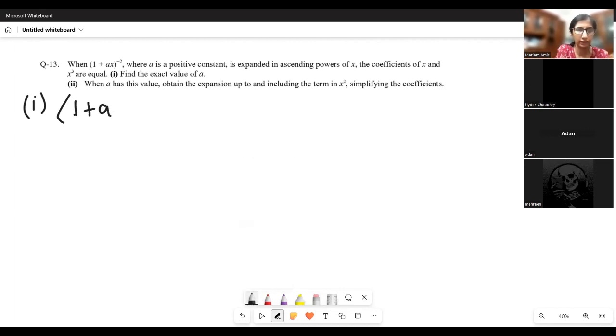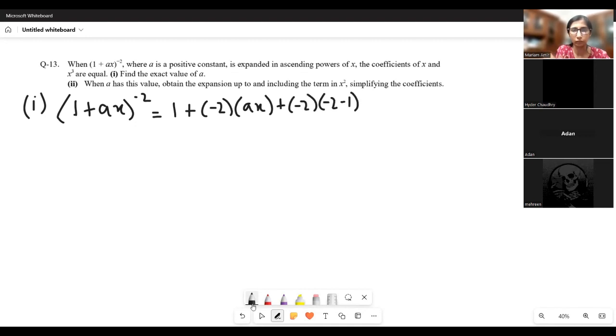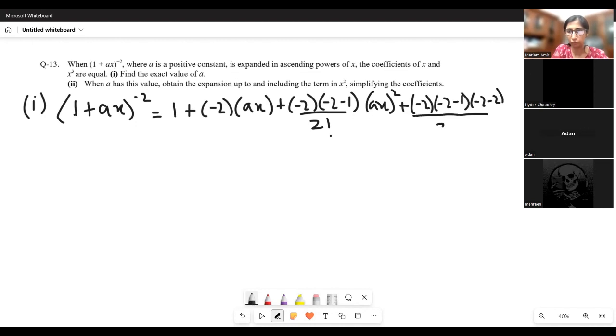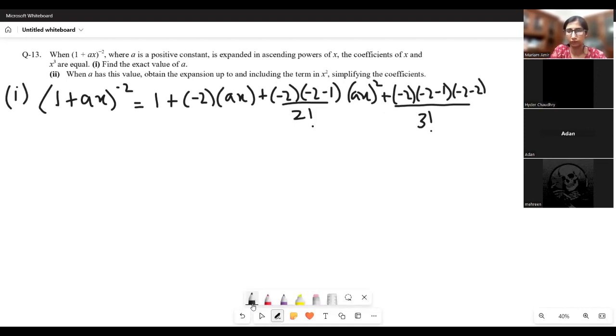(1 + ax) to the power minus 2. So 1 plus minus 2 times ax, plus minus 2 times minus 3 upon 2 factorial times (ax) whole square, plus minus 2 times minus 3 times minus 4 upon 3 factorial times (ax) whole cube. Okay, so the first term is 1.